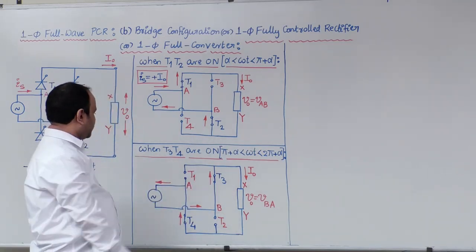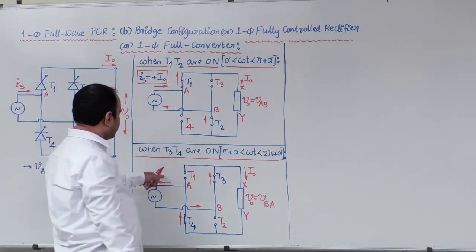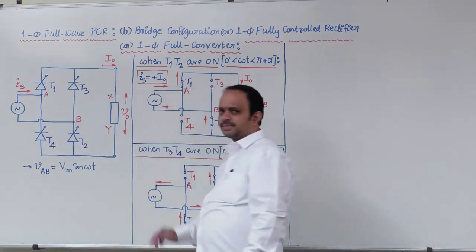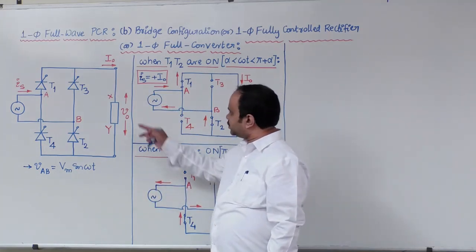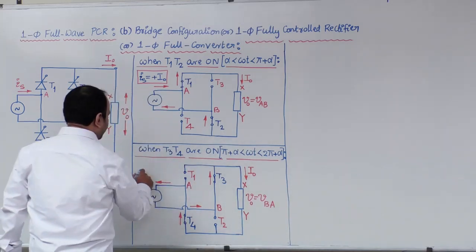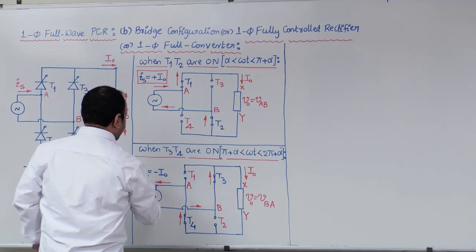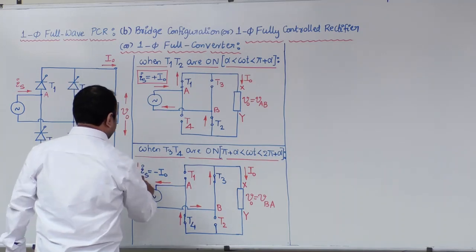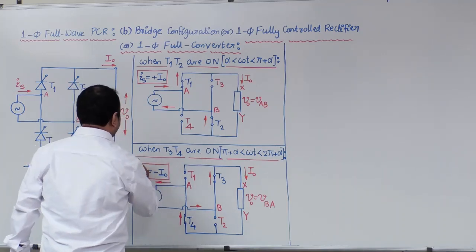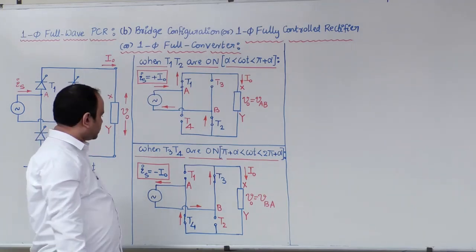Now observe carefully, one of the important points is the source current, see this direction, is opposite to the reference direction. What do you mean by that? We should take this current as negative. Is is equal to minus I naught.